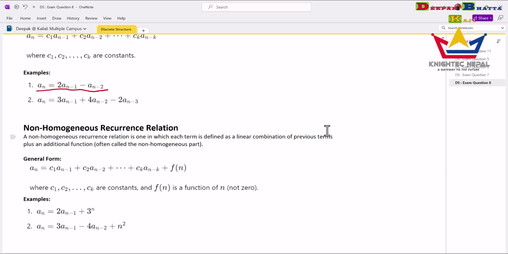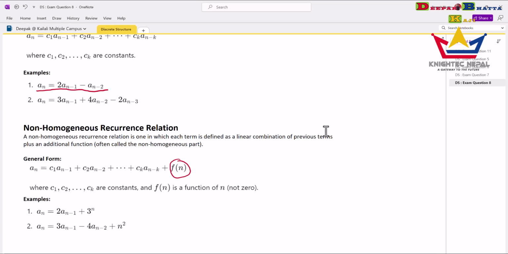Here you can see the general form of the non-homogeneous recurrence relation: an equals c1 an minus 1 plus c2 an minus 2 and so forth up to ck an minus k plus fn. This fn is the additional function, often called the non-homogeneous part. Here c1, c2 and ck are the constants and fn is a function of n, not 0.